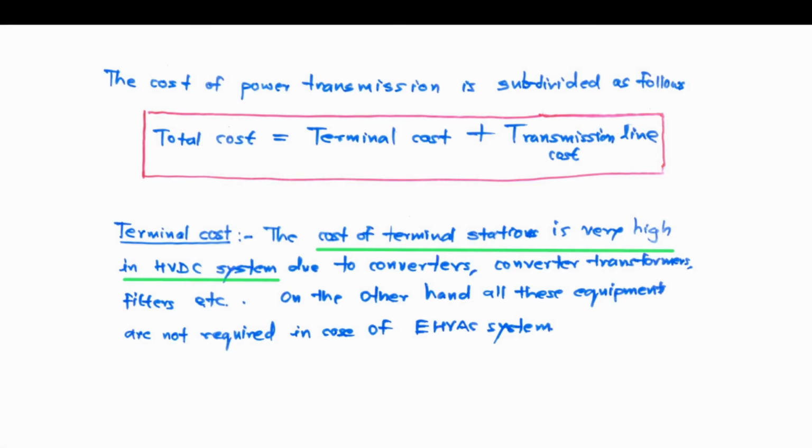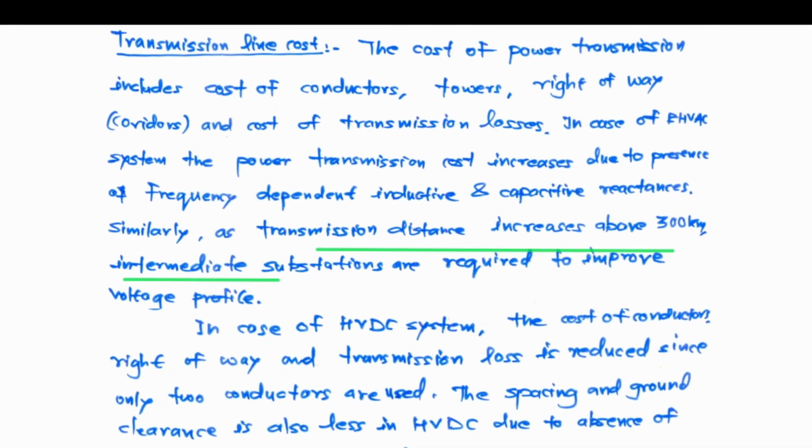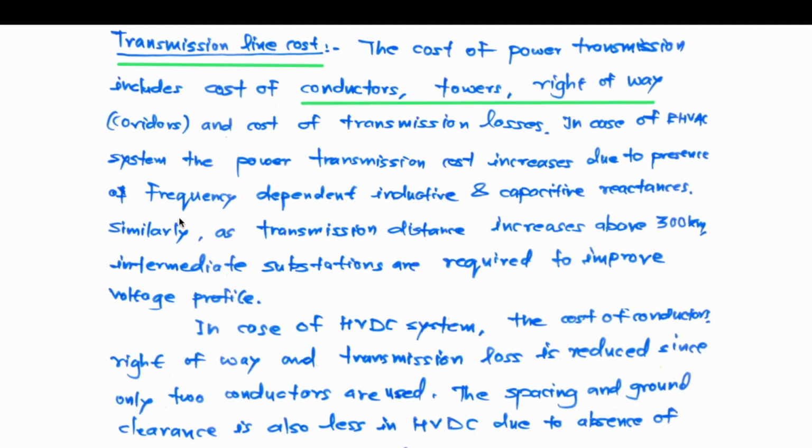Now let us take a look at the transmission line cost. What does it consist of? The transmission line cost consists of the cost of conductors, transmission towers, right of way, and also the cost of transmission losses.